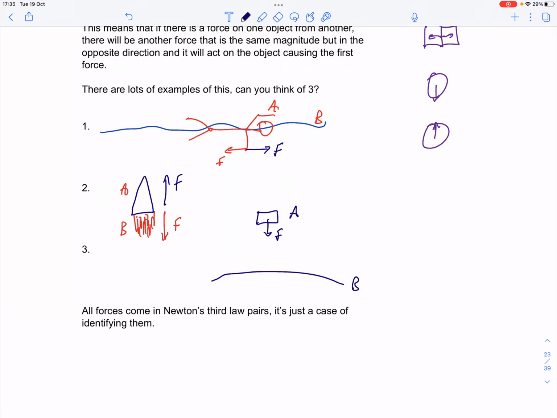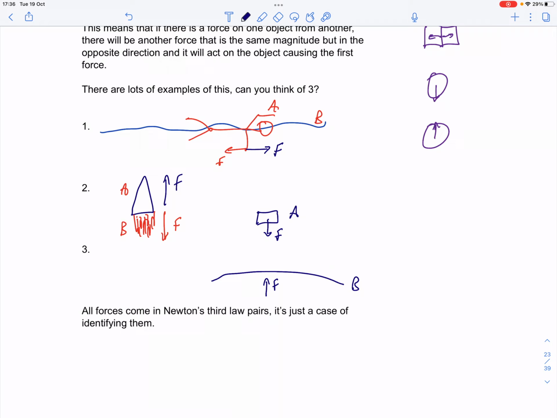That means that the book must also be pulling on the Earth, with a force equal in magnitude and opposite in direction. So as the Earth pulls the book, the book pulls the Earth, and those forces are equal and opposite. Object A is the book exerting a force on object B, and object B is the Earth exerting a force on object A, the book. And again, those forces are equal and opposite.